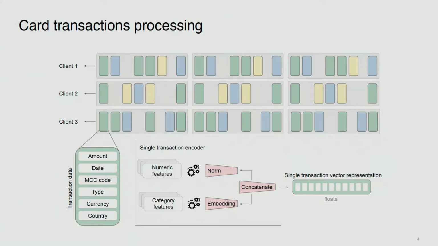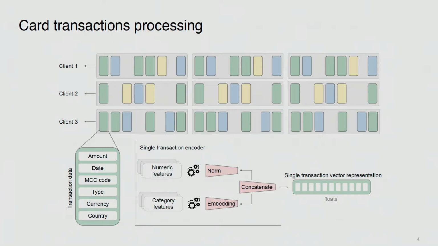Like if you pay with a card, those fields would include the currency code, the country code, like categories, and numerical values, also the amount, the date. But we want to have the uniformity of all that, homogeneity of all that, with a small vector that would code a transaction.